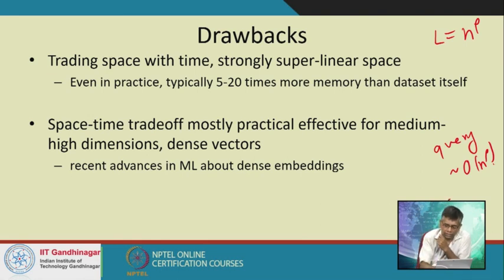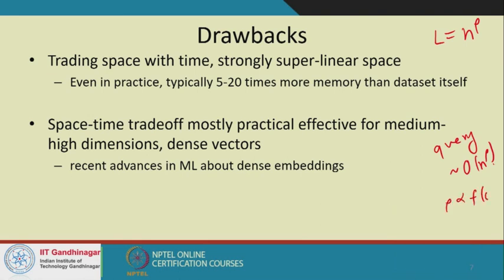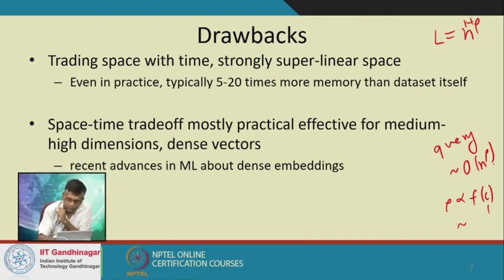And rho is typically a function that depends on C. The space is n to the power 1 plus rho, and the query time is n to the rho, and rho is of the order of 1 by C.